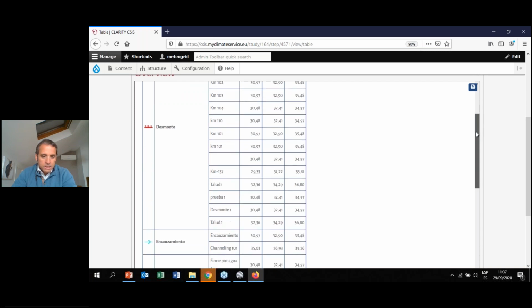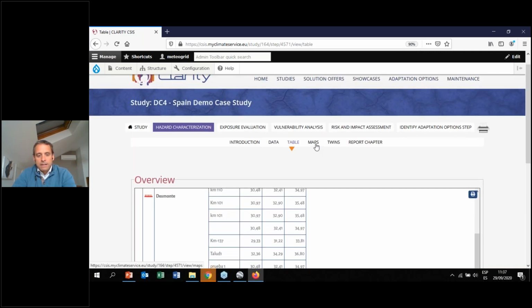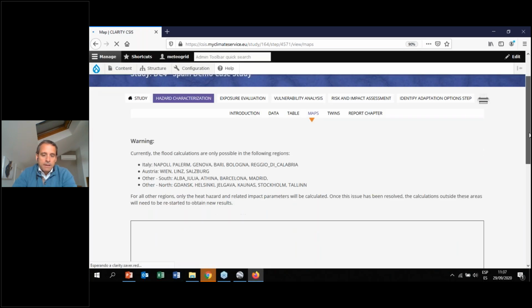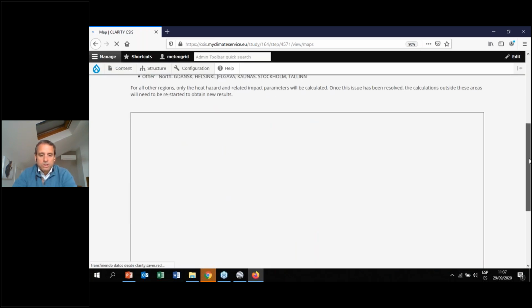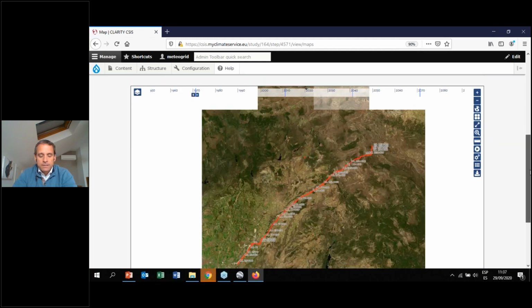So the system allows us to have an overall overview for any specific climate index that we have previously calculated, as was explained by Ernesto, by Ahmed.